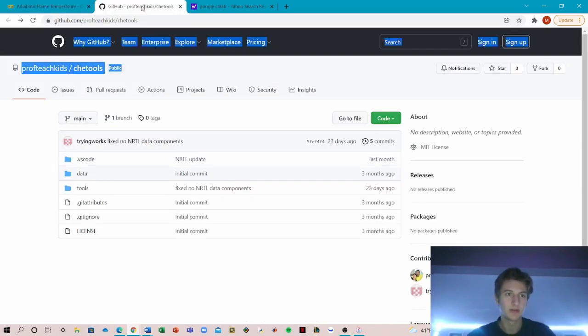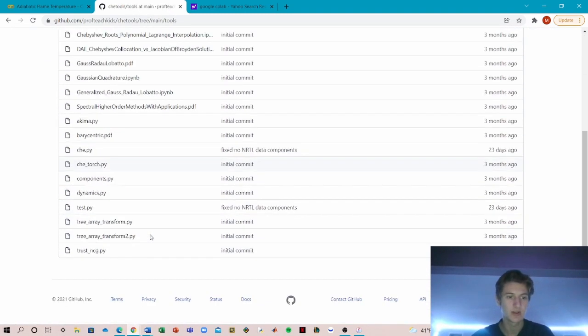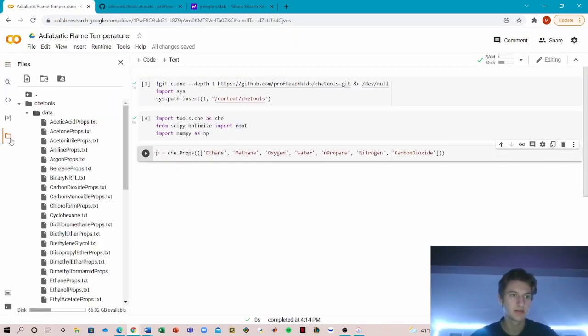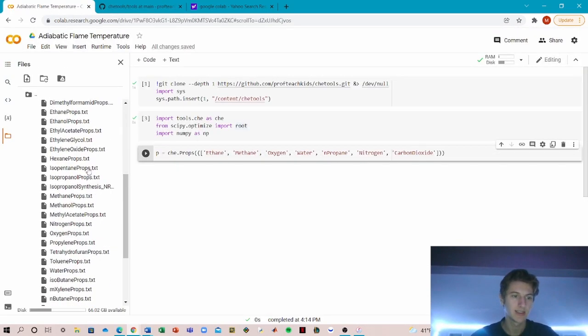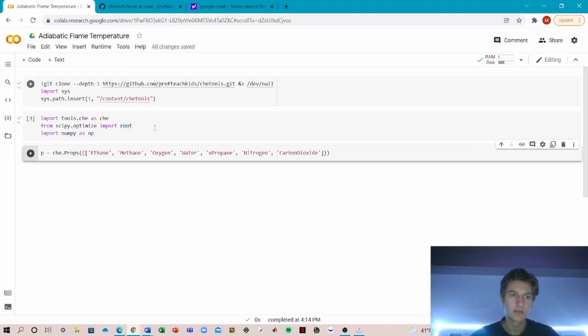This will give us all the properties, the tools that we need to help solve this. You could see in here too, you got the data of all the gases, and then we also have the tools too. So we import the tools, we optimize SciPy and import NumPy.